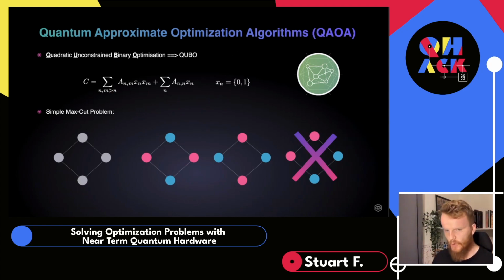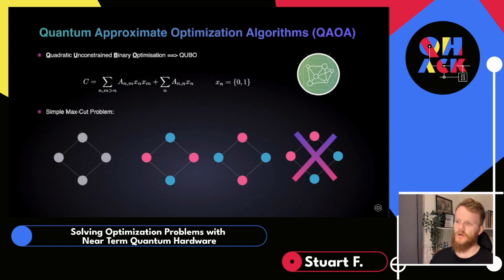I'll come back in a few minutes to some of the specific problems that can be mapped into this form. These are called QUBO problems, another acronym. The B stands for binary, and this means that these variables, these xn's, are binary variables. They can only take two possible values, in this case 0 or 1.